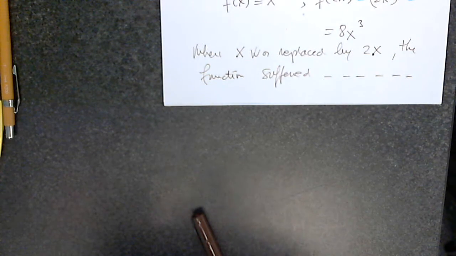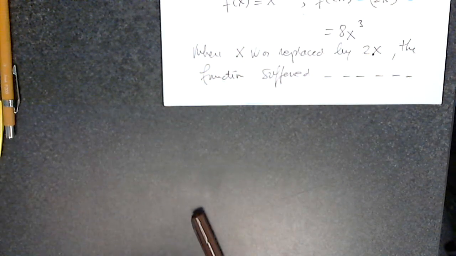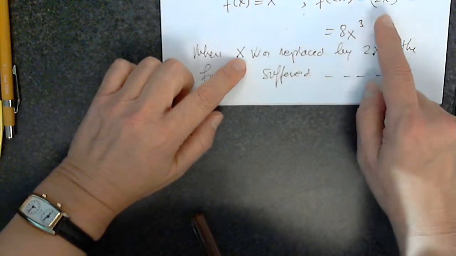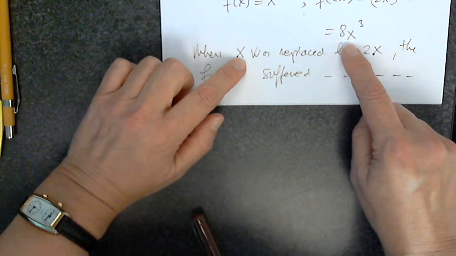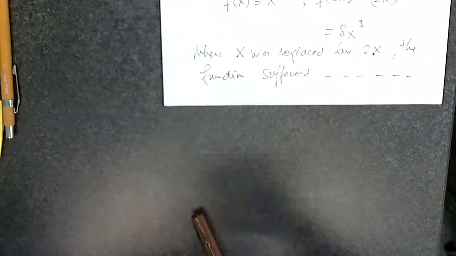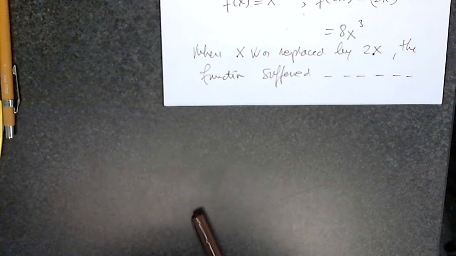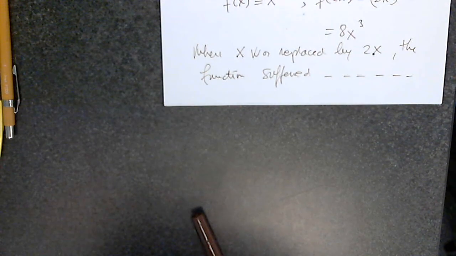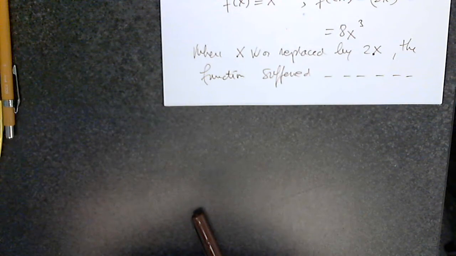Okay, let me say it again. I replaced x by 2x, and I got 8x cubed. From the previous transformation, I know that if this is x cubed, this will be 8x cubed. I'm exaggerating. But how did I obtain this? By changing x into 2x.